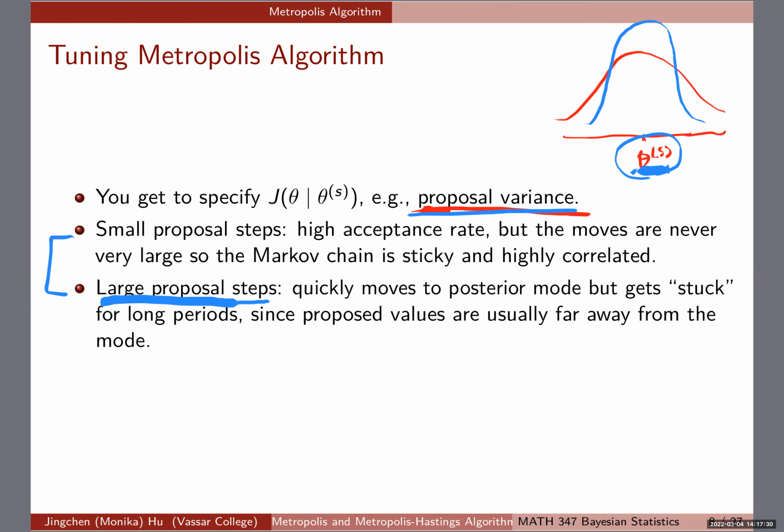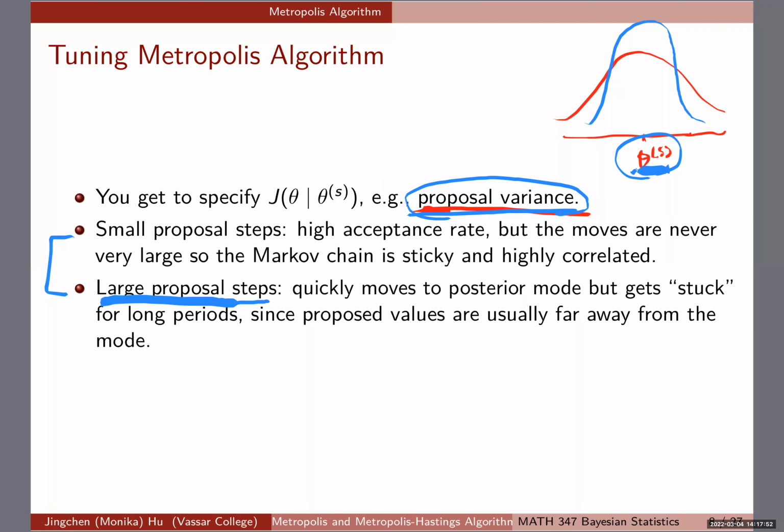That's why the proposal variance is something you want to tune after you have done your MCMC diagnostics. Sometimes you might see that it's too sticky and you want to increase your proposal step or proposal variance. But sometimes you get stuck in an area that you don't fully explore, and then you will want to decrease your variance.